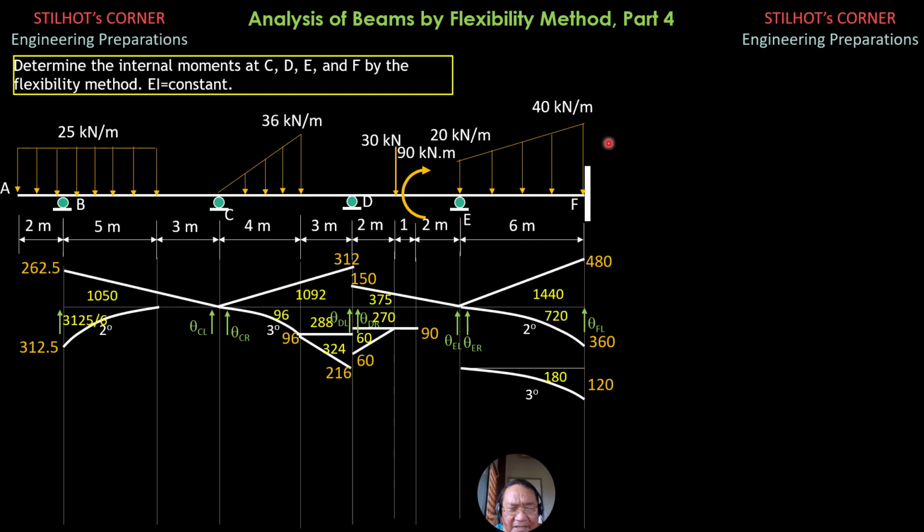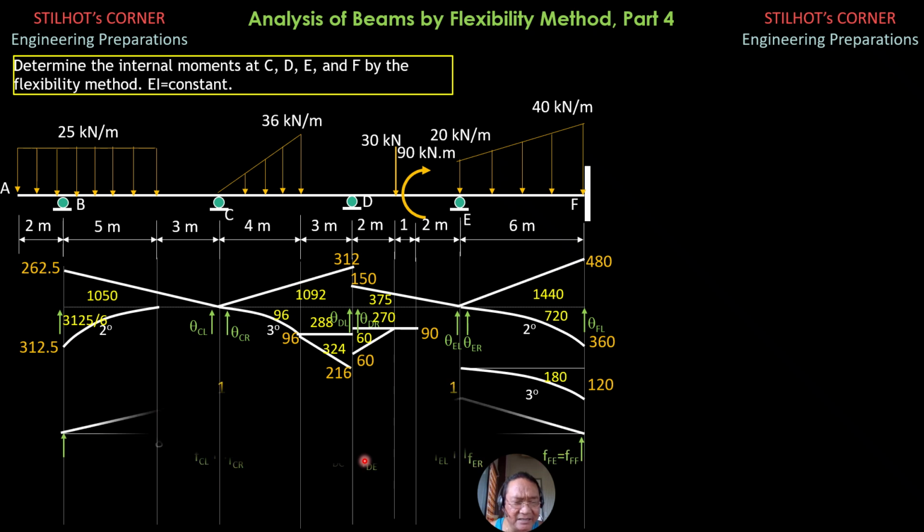The moment of the triangular load is 1 half of 6 times 20 times 2, so 120. And the area is 1/4 of 6 times 120, and that is equal to 180. So that's the explanation, and take note that the yellow figures are areas.